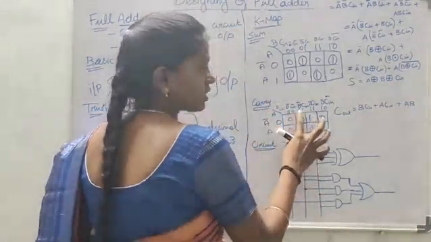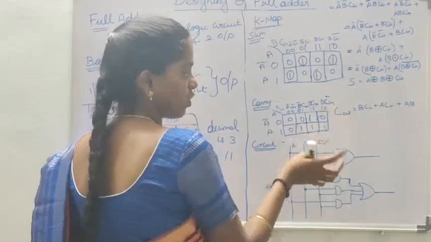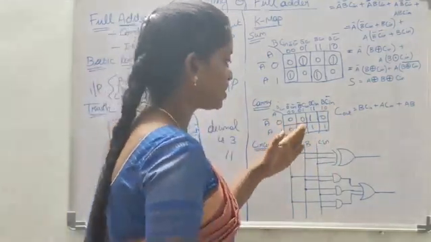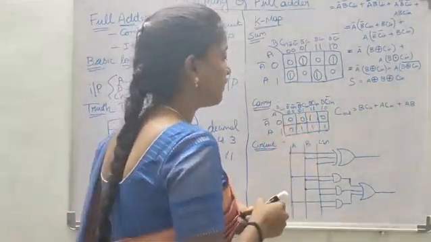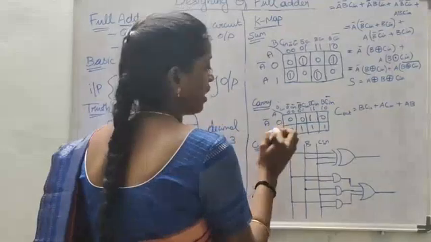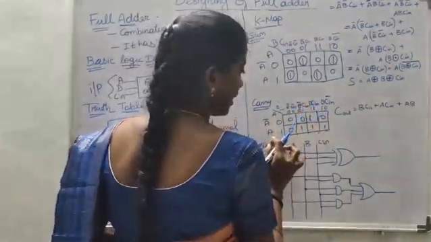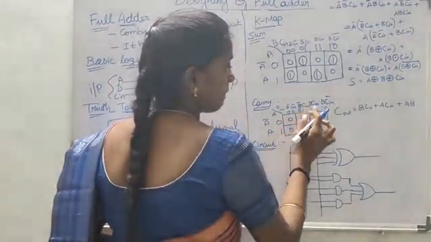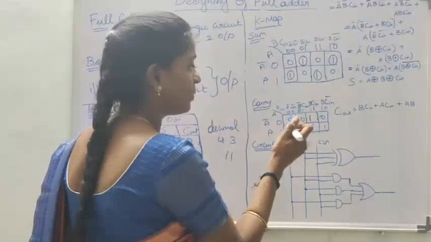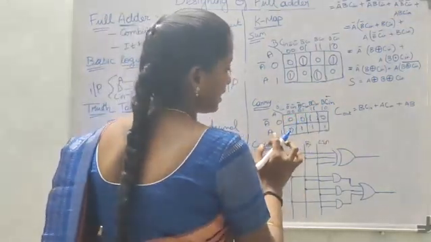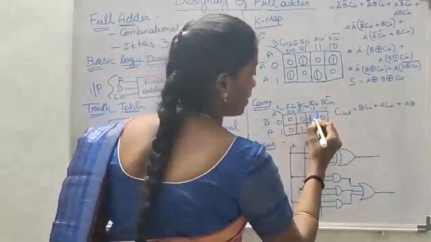Here 0, 0, 0, 1, 1, 1, 1, 0 and here 0 and 1. Based on the K-map rule, we pair A bar, B, C in and A, B, C in.